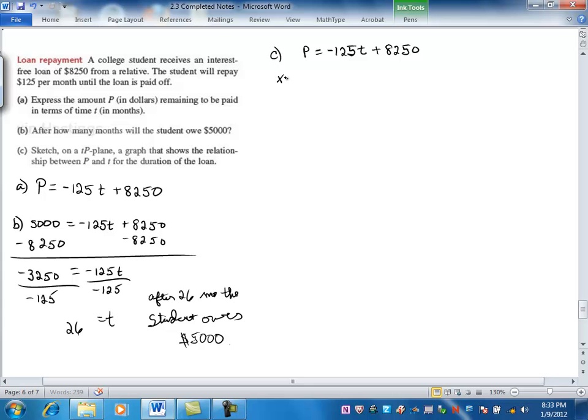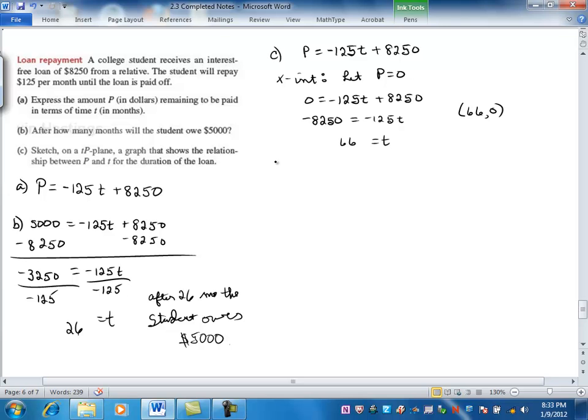So basically for our x-intercept, we're going to let p equal 0. 0 equals negative 125t plus 8250. Negative 8250 equals negative 125t. And so t equals 66. So we're going to have the point 66, 0 on the graph.